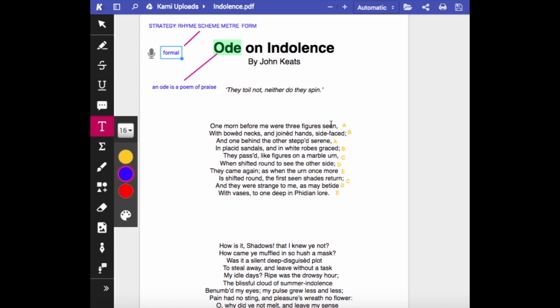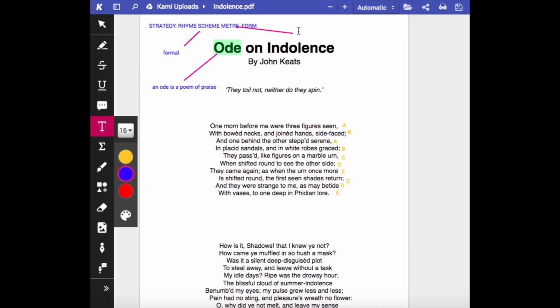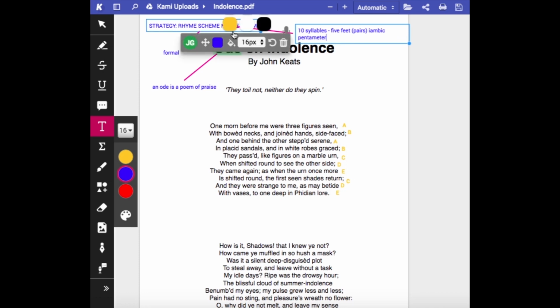Now this rhyme scheme is formal, A, B, D, D, E, C, D. And so the next thing to look at is metre, which is basically the number of beats in a line, or the number of syllables. Now this seems to be 10, which means 5 pairs of syllables, which are often called feet. And that suggests an iambic pentameter.